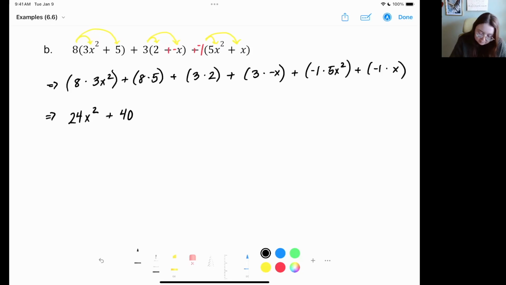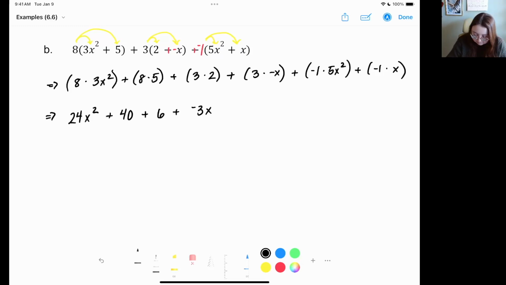3 times 2 is 6. 3 times negative x would just make negative 3x. So since we have a negative x, that's really like a negative 1x, and 3 times negative 1 is negative 3. So we have plus negative 3x.